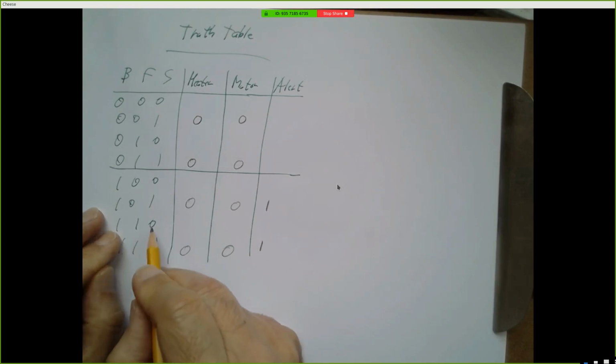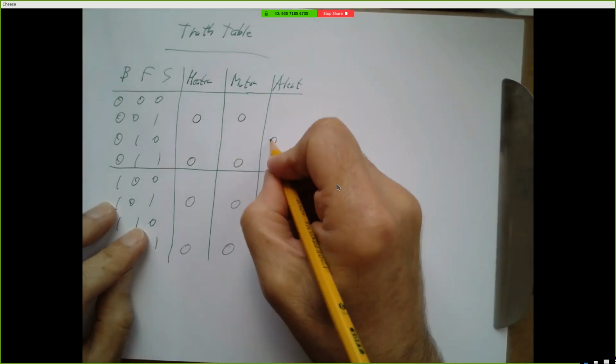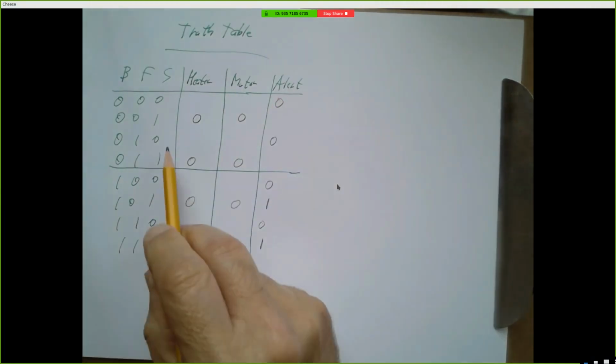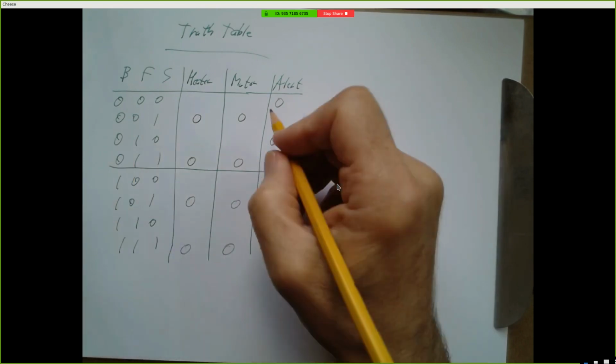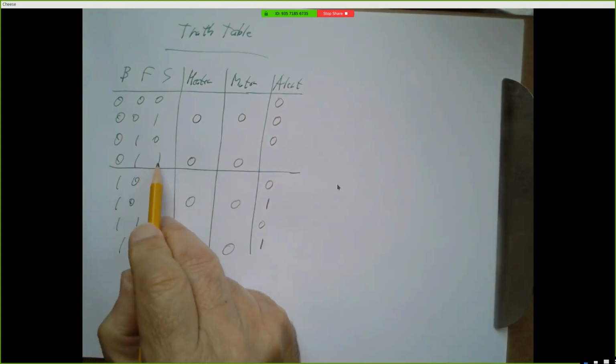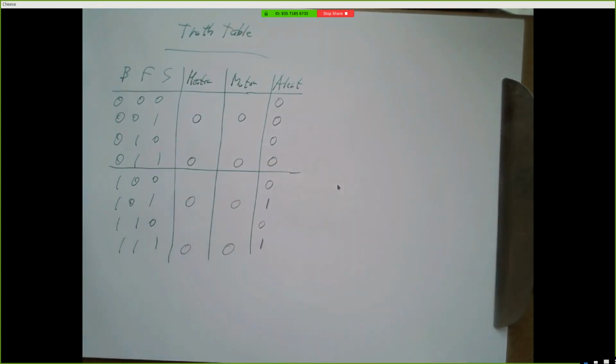But in these cases, there's no shutdown requested, so we don't have an alert. And in this case, we hit the shutdown button, but nothing was baking, the fan wasn't on, so no alert light is necessary. Here we weren't baking, so no alert light is necessary.